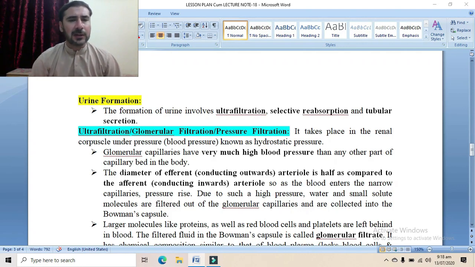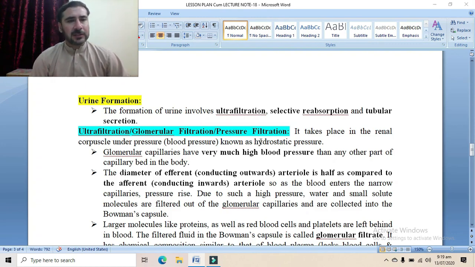It is known as ultrafiltration because this is a highly efficient filtration. It is known as glomerular filtration because this process takes place inside the glomerulus. It is known as pressure filtration because this process takes place under high pressure, known as hydrostatic pressure.